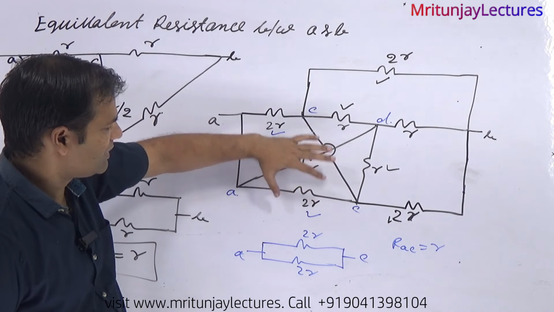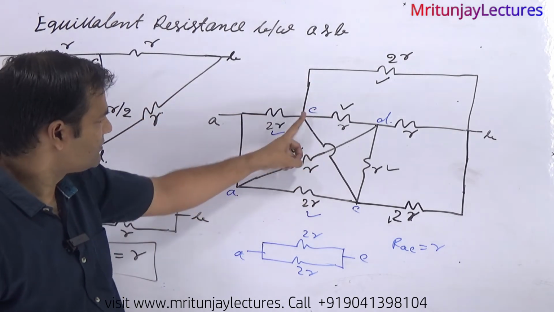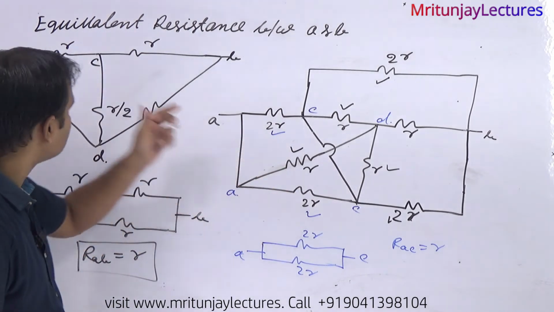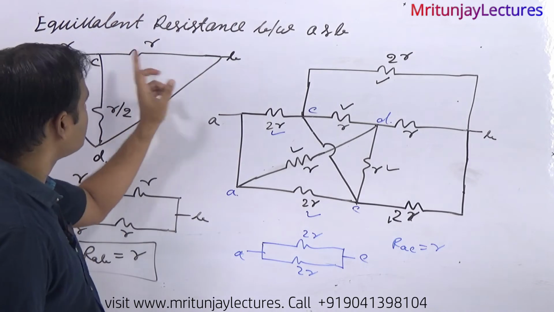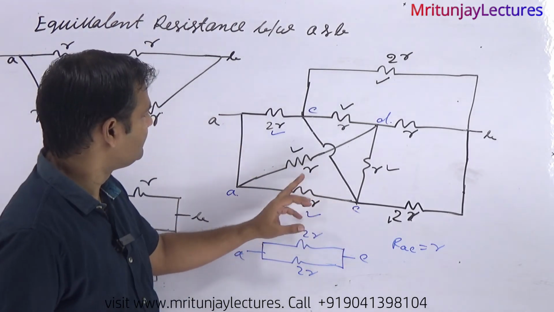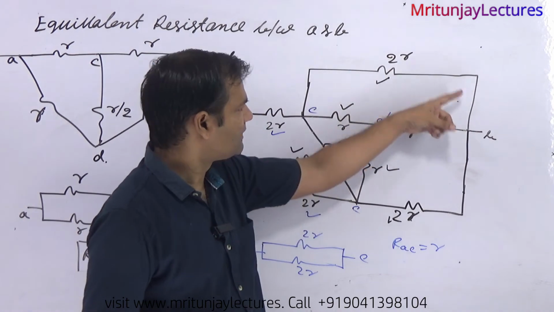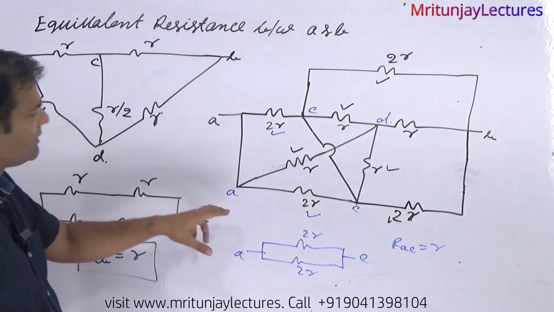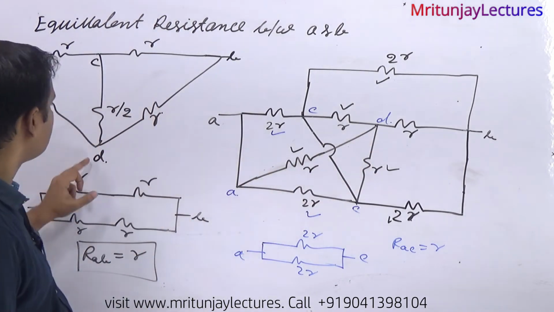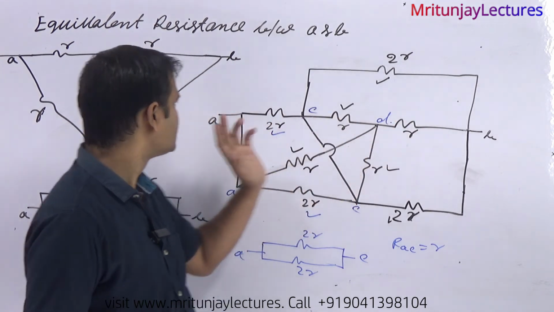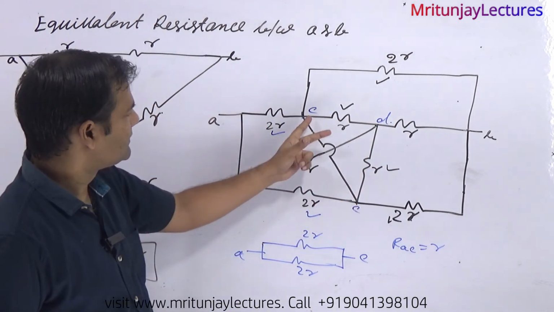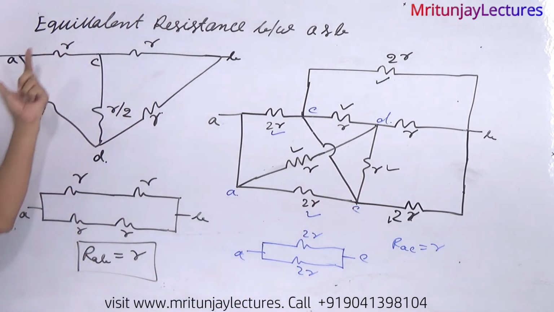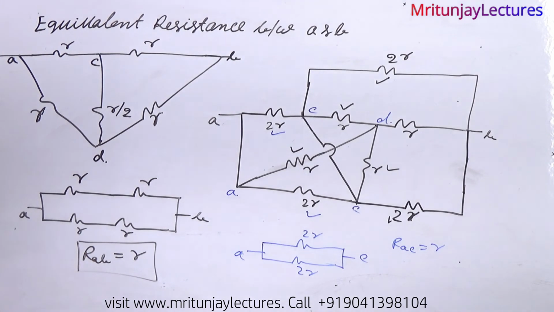Combination of this 2R and this 2R, because A to C, this potential is also A to C, that is R. Now C to B, that is 2R and 2R in parallel, so the combination is R. A to D is simply R. D to B is R, and C to D is a parallel pair, so R by 2. It looks like a Wheatstone bridge, and the final resultant is R.